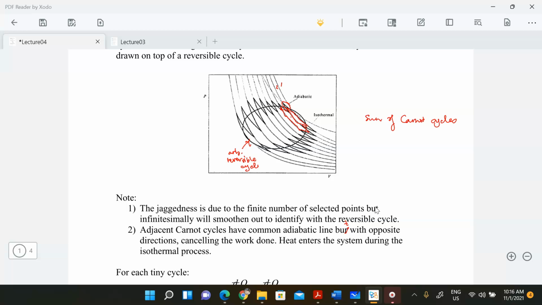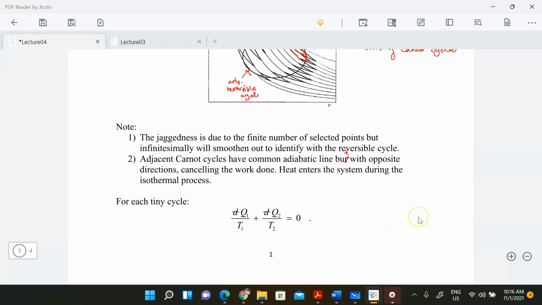So in each of these tiny cycles, we can write the following. Remember that we had earlier Q1 over T1 plus Q2 over T2 equals 0. Previously this was for a finite case. For the infinitesimal case, we have the following equation.